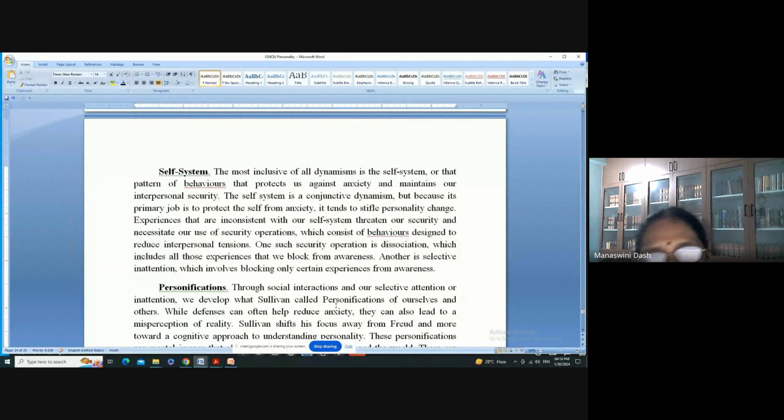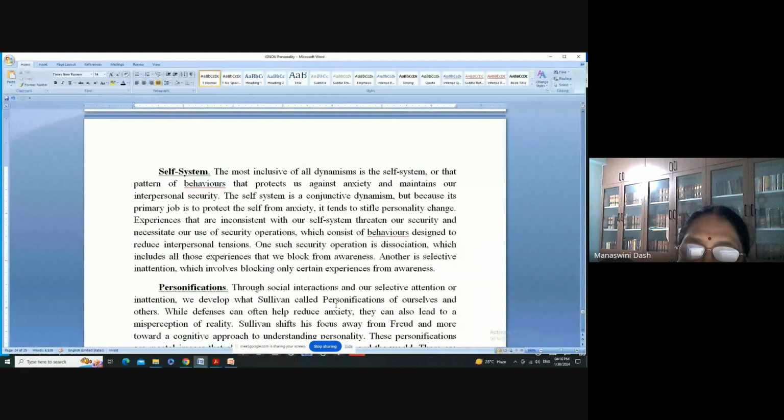The self-system is a conjunctive dynamism because it maintains our interpersonal security. But because its primary job is to protect the self from anxiety, it tends to stifle personality change.